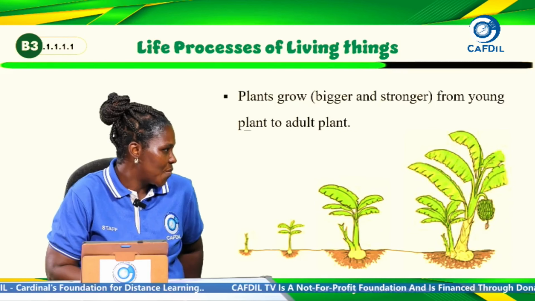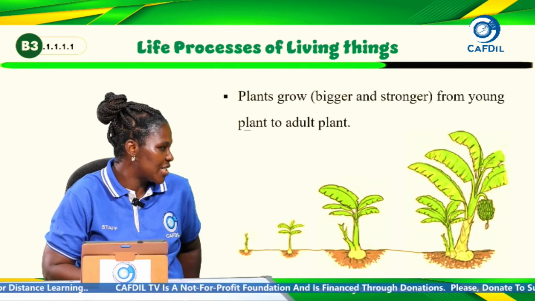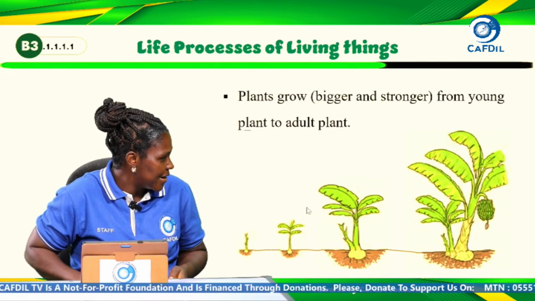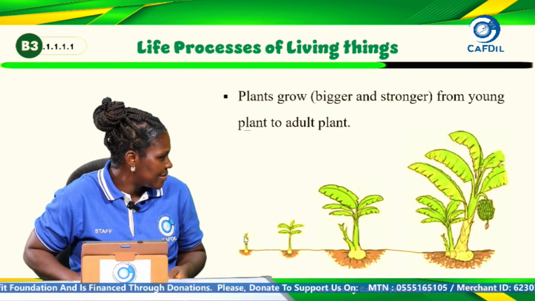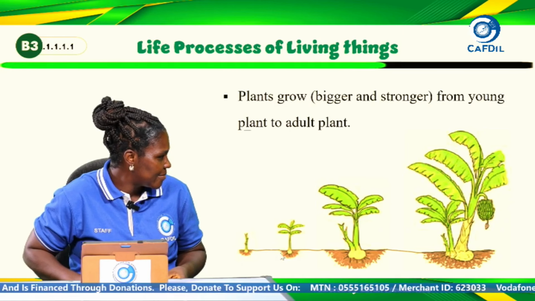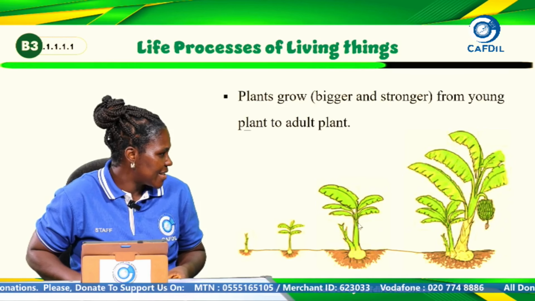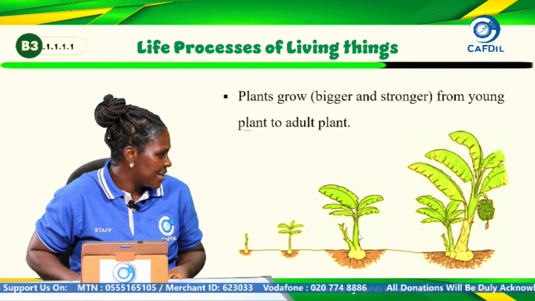Plants grow bigger and stronger from young plant to adult plant. As we can see on our screen, we have this small plant with no leaves. Now it has some leaves, and the leaves are becoming broader with even a young one on it.